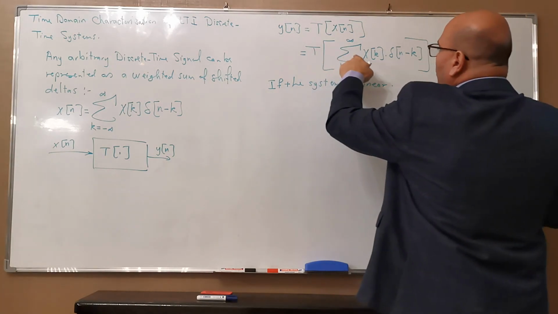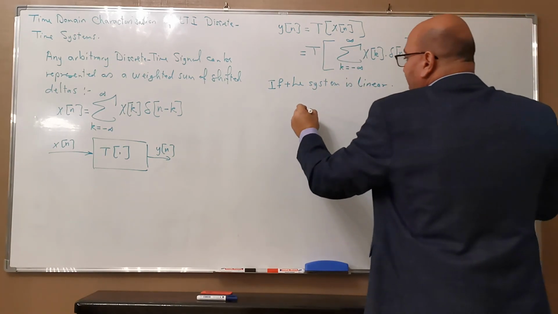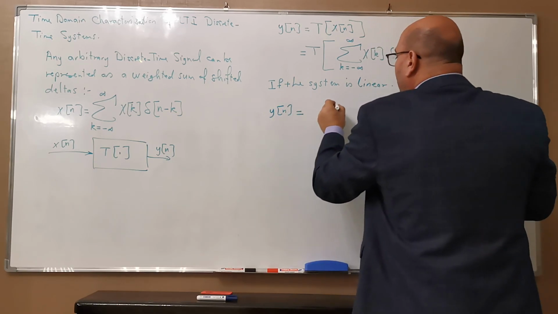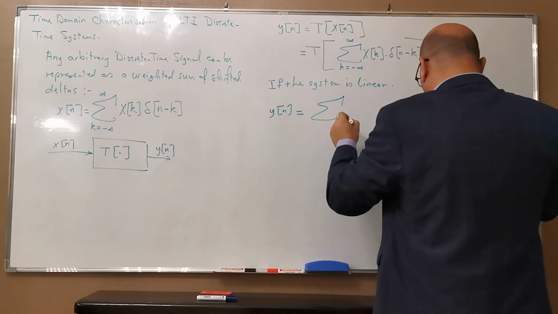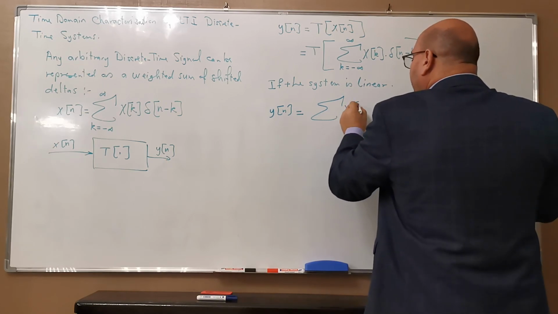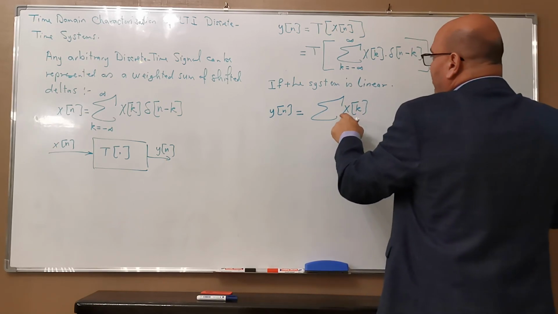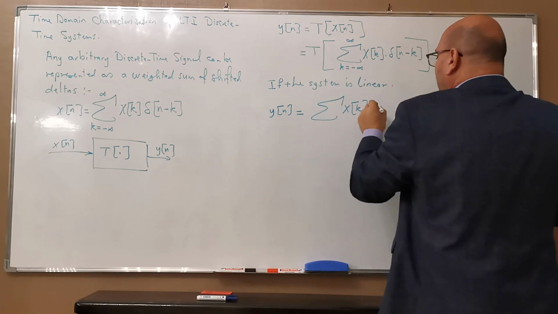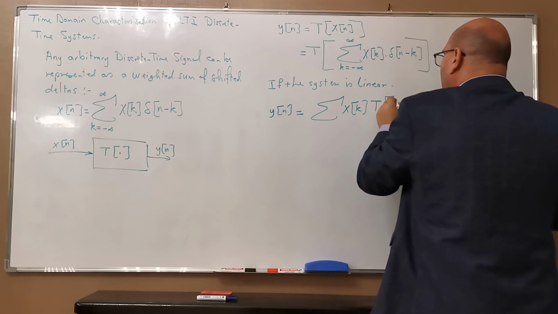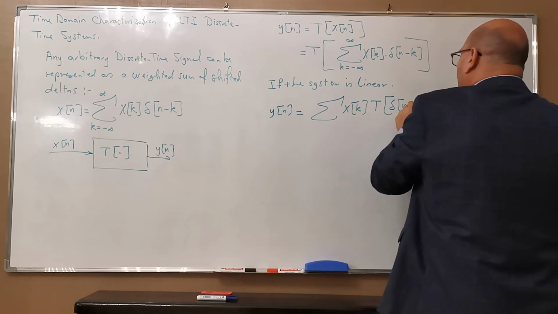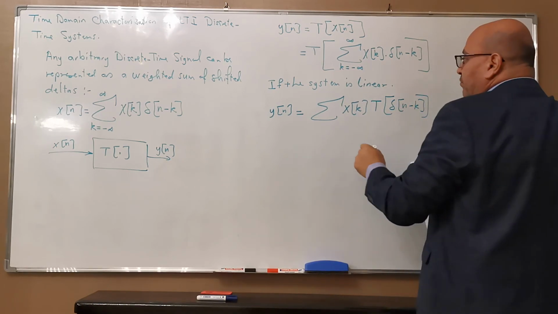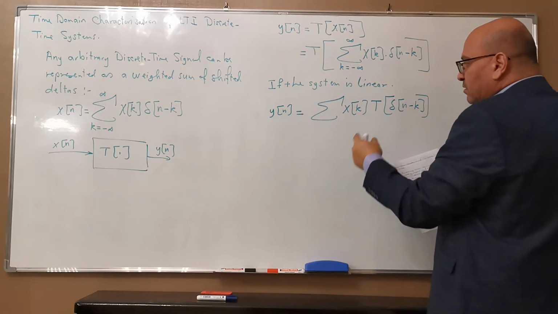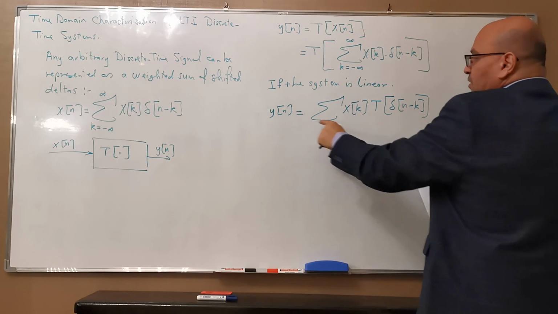This transformation will go inside the summation, and we will end up with y of n equal to the summation of x of k, because those are constant values, times the transformation of delta of n minus k, which is a function of n. So this will happen if we have a linear system.